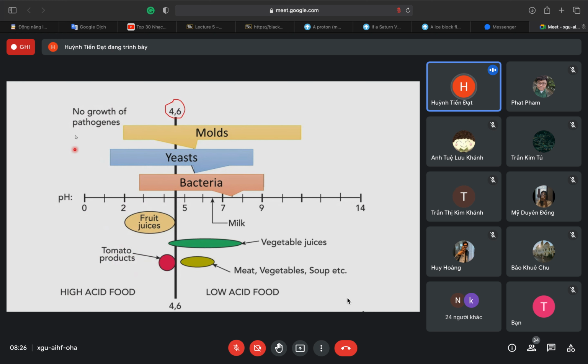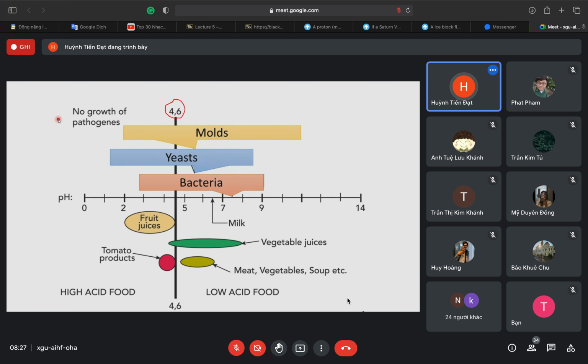Sometimes people use acidification, which means they add acid into a high pH food, or a low acid food. So we make acidified food. We can add more acid in, or we can also mix it with a strong acid food, a high acid food, with the low acid food, and after that we can reduce the pH value lower than 4.6.